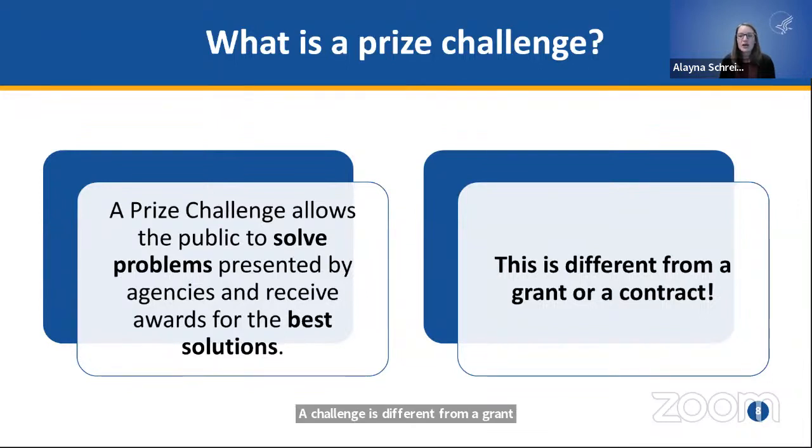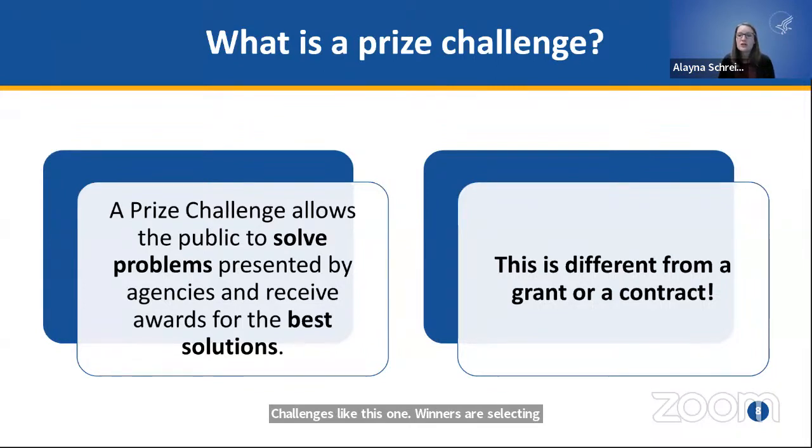In a grant or a contract, agencies generally receive proposals to do work and then pay out a monetary award incrementally as the work is done. In challenges, an agency generally selects a winner after assessing work that has already been completed. In multi-phase challenges like this one, winners are selected progressively as the different phases are completed.